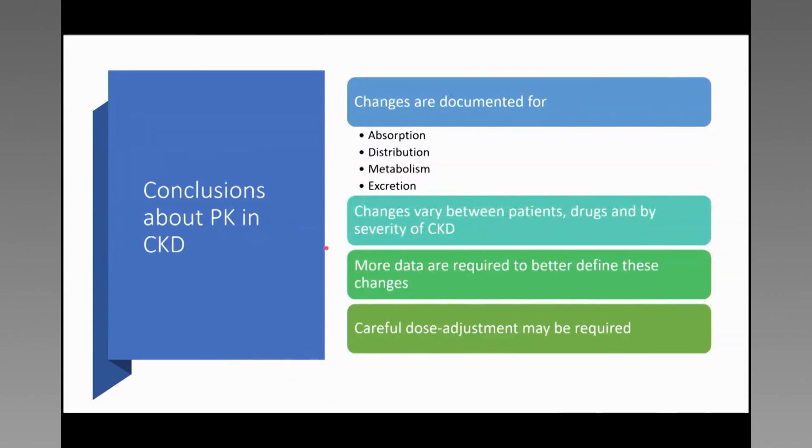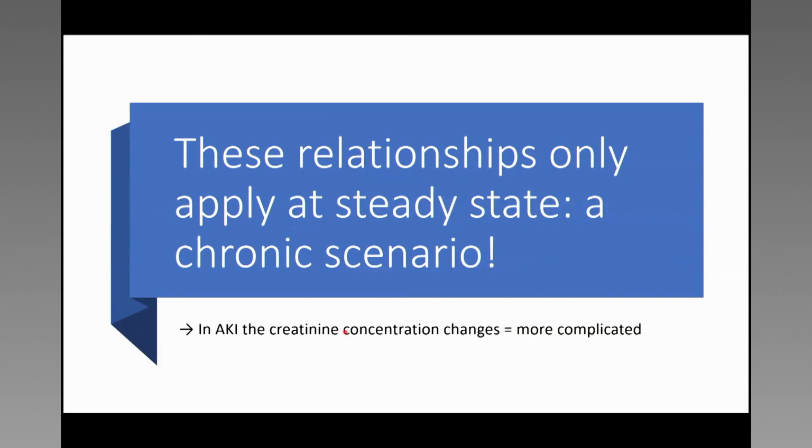So for conclusions about pharmacokinetics and chronic kidney disease, we know that changes are documented for absorption, distribution, metabolism, and excretion. And the extent of this varies between patients, drugs, and severity of chronic kidney disease. More data are required to better define these changes, and careful dose adjustment may be required. And as mentioned also, these relationships only apply at steady state, which is a chronic scenario.